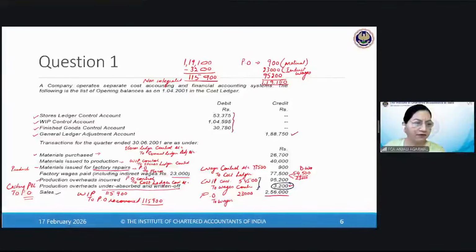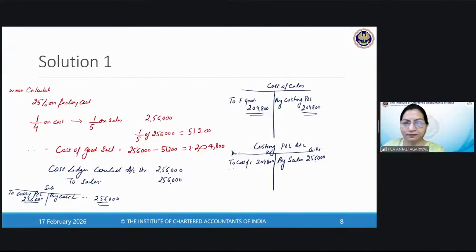However, remember that there was an under recovery which was written off to the costing P&L account. So we have passed this entry costing P&L to production overheads. So remember to carry this also, 3,200, to production overheads under recovered 3,200. Therefore, your profit is the balancing figure, which is 2,56,000 minus 2,04,800 and minus 3,200.